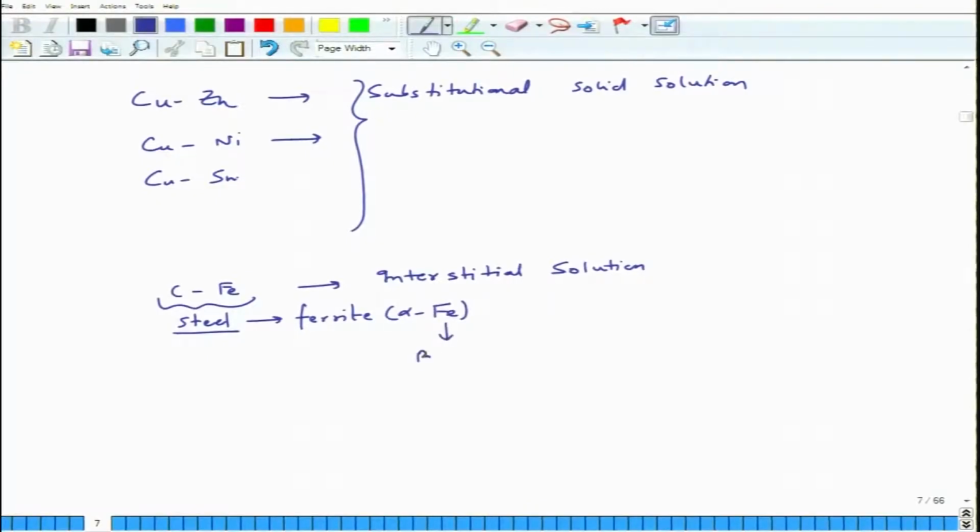Alpha iron is a BCC structured phase, so it's basically BCC iron with carbon atoms in interstitial sites.